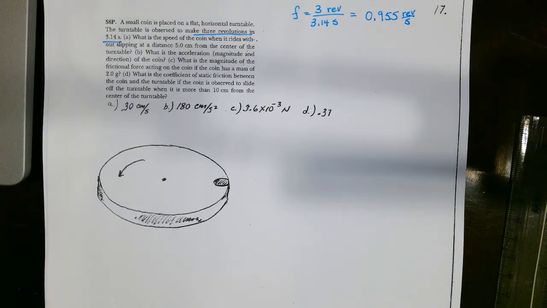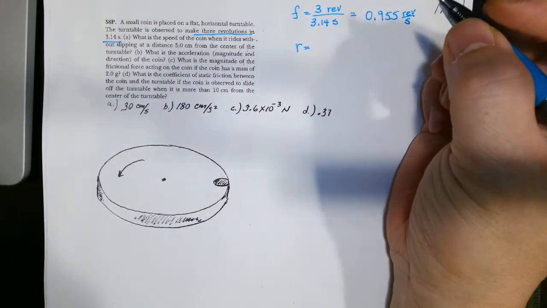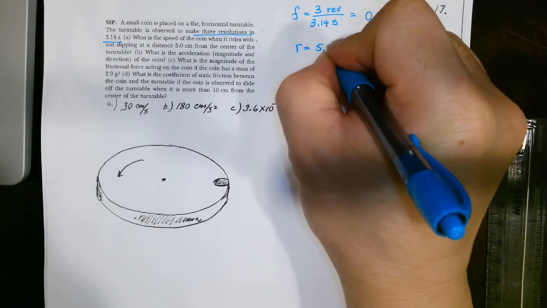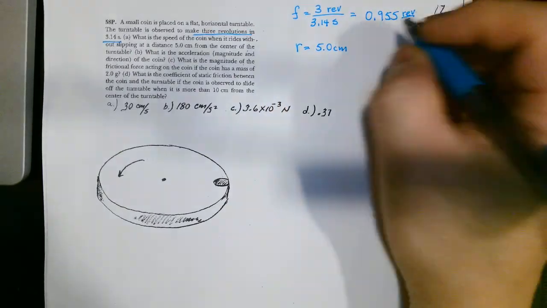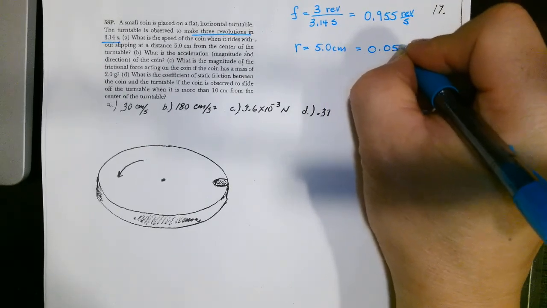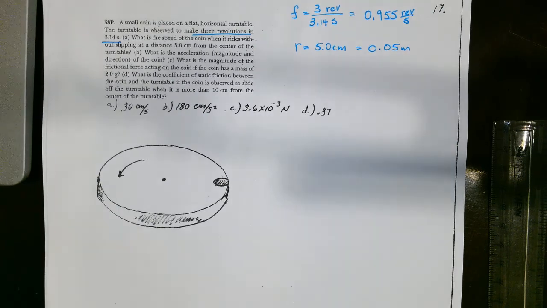The radius r happens to be 0.05 centimeters, and that is 0.05 meters.